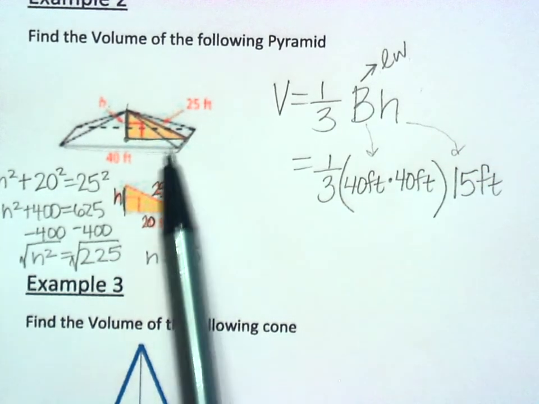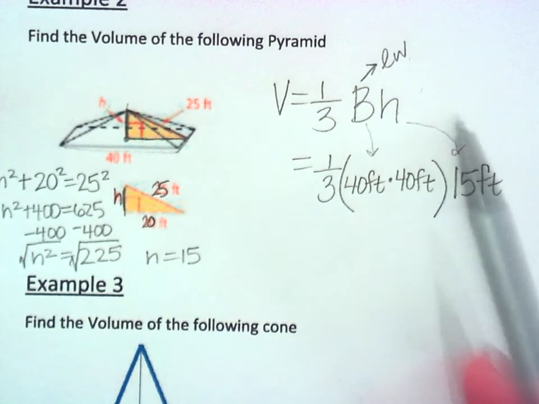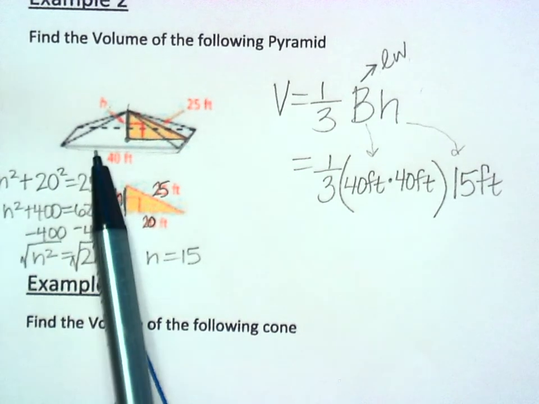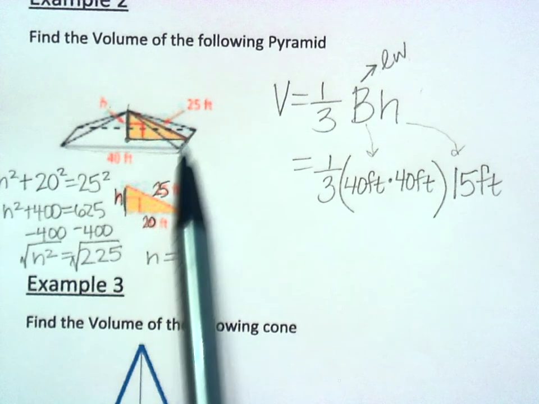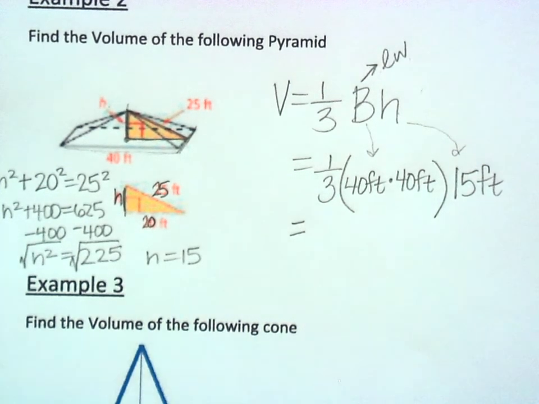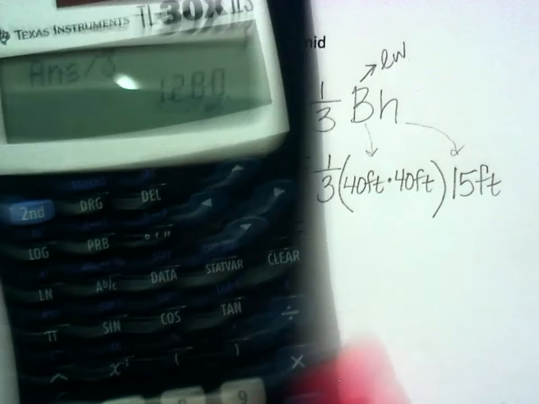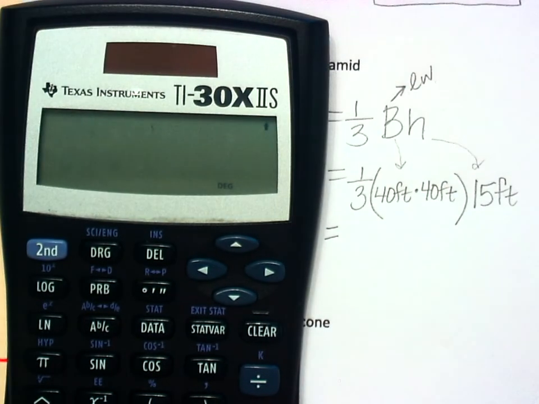So you get to assume this is a square. That's something our book tells us. I didn't write it down here on the notes, but I'm telling you. So if it's 40 here, it's 40 here. We're going to enter this in our calculator just like we did the last one. Let me zoom out just a little bit. We're going to go 40 times 15.